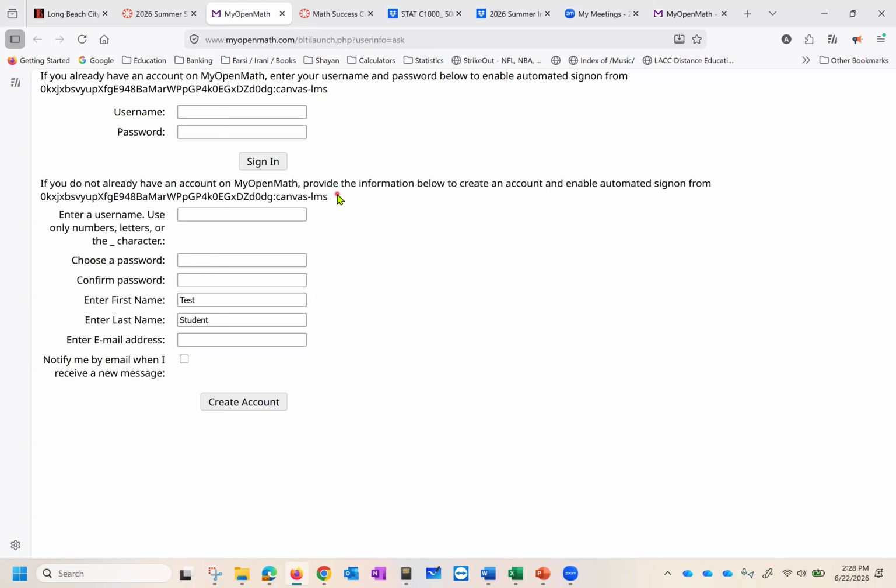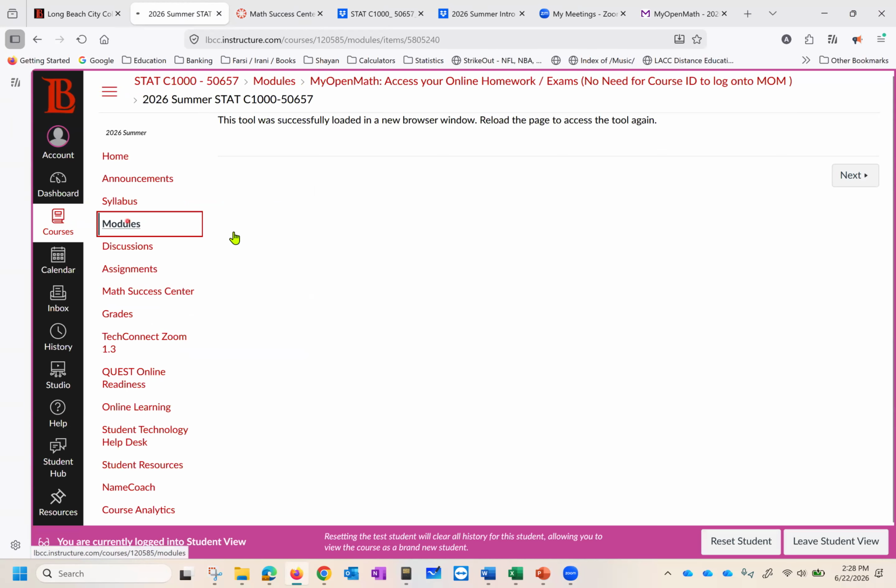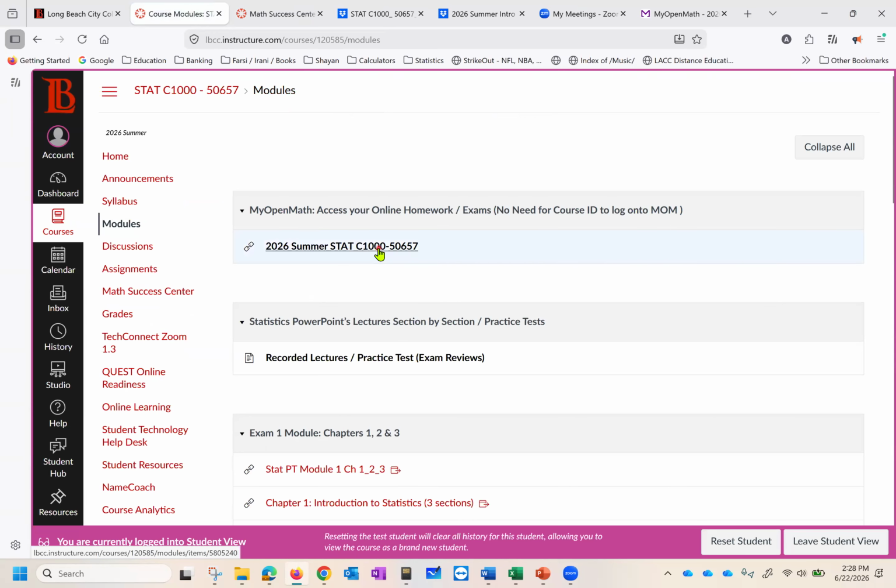And I highly recommend you use username and password, perhaps the same thing that you use for your email address. This way you don't have to forget it, or just make sure you make a point of it somewhere. So I hope it's clear to everybody. Then under the modules, the very first one gives you a chance to register with My Open Math.